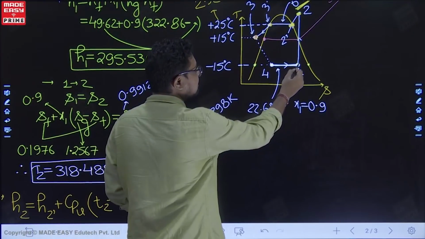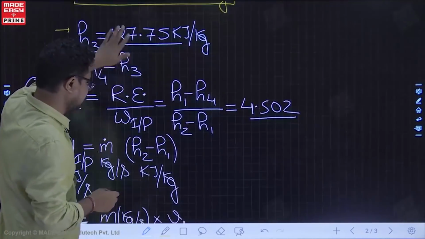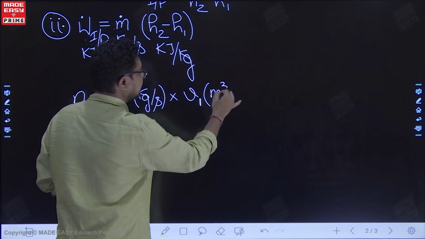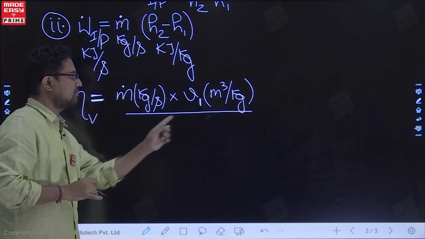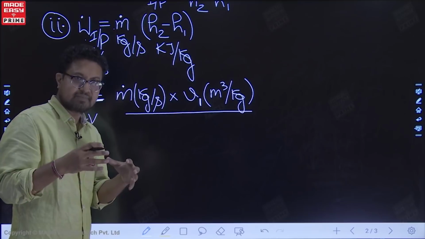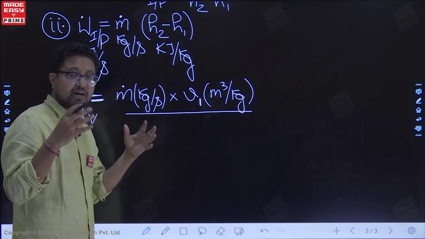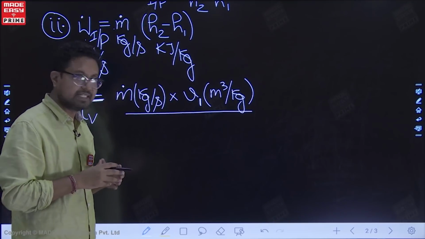This will be in meter cube per kg. So what we are getting is how much volume is entering. This is the actual data: how much volume is entering the compressor per second.